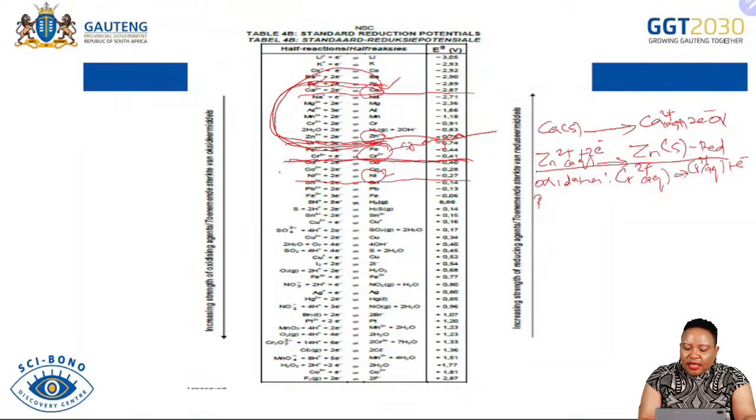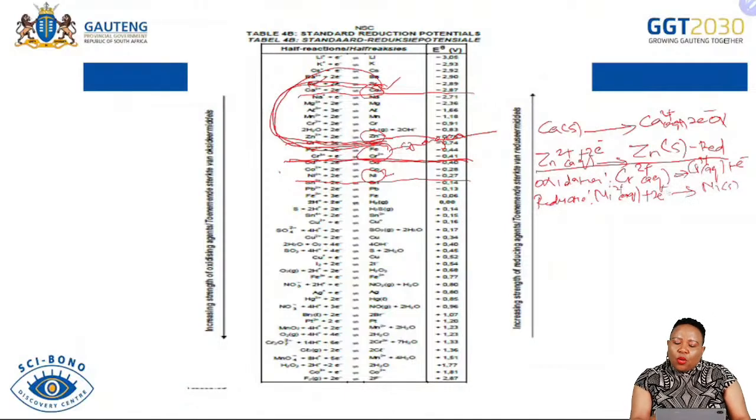And then our reduction will be nickel 2 plus aqueous, which is our ion, plus 2 electrons, giving you nickel solid. So now, when you look at the chromium 2 plus half cell, you can see that we don't have a solid, and we know that for us to represent an electrode, our electrode must be a solid.